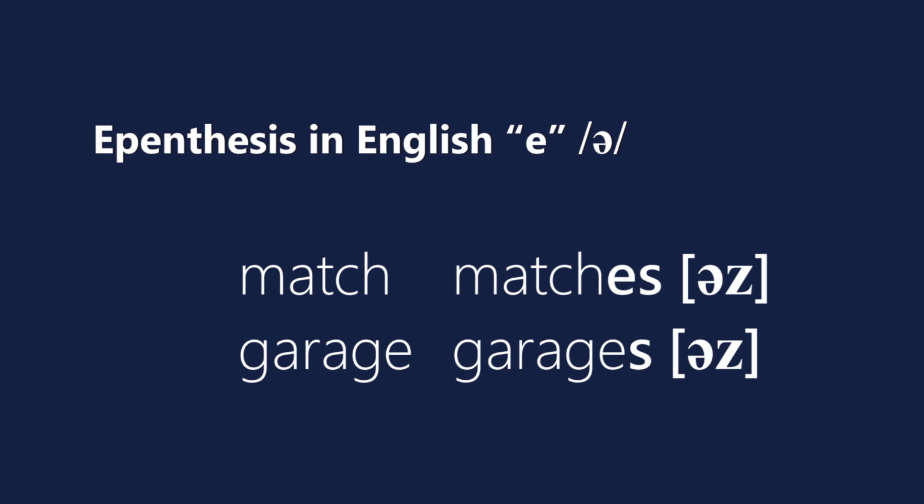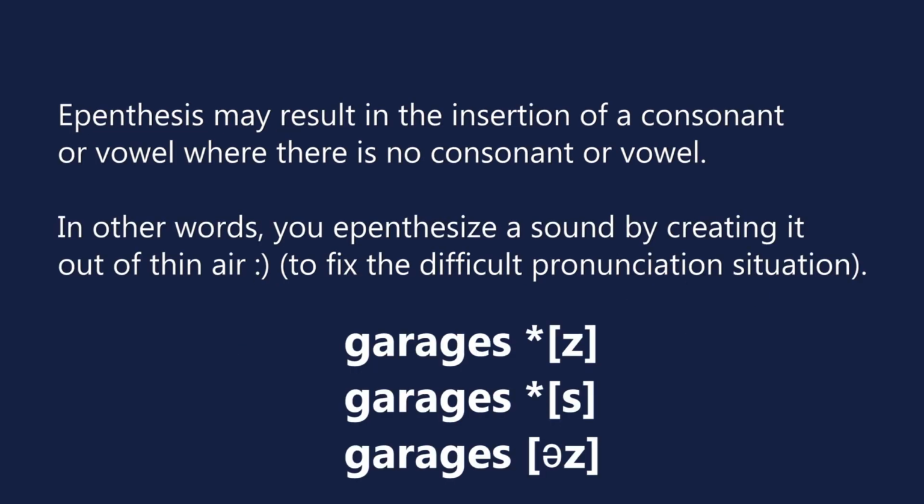In a way, you can consider this a form of epenthesis. You epenthesize a sound to fix the difficult pronunciation situation. So if you wanted to say "garages" without the vowel, that would be very difficult. Therefore, you epenthesize the schwa.